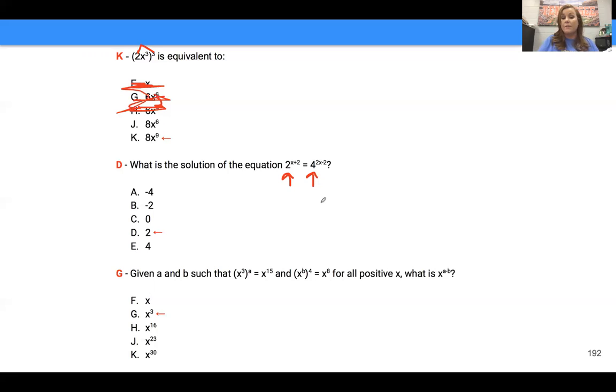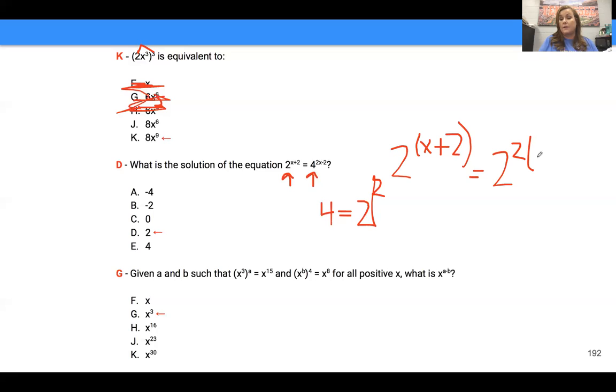And I know that 4 is the same thing as what? 2 squared. Let's rewrite this: 2 to the x plus 2 is equal to 2 squared to the 2x minus 2.